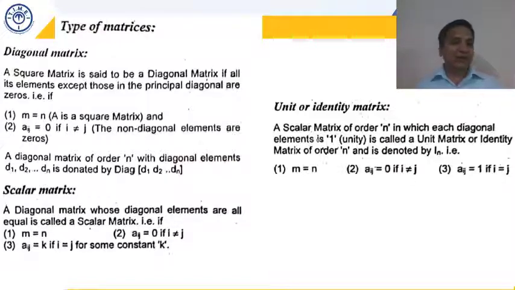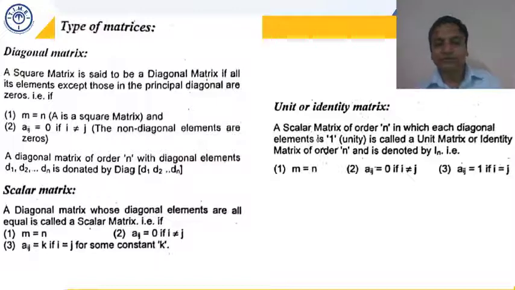Conditions: it should be a square matrix, m is equal to n. Aij is equal to 0 if i is not equal to j. That means if row is not equal to column, then the element is 0. Elements lie only in the diagonal with the additional condition that the value has to be 1 if i is equal to j. A11 is 1, A22 is 1 and so on.